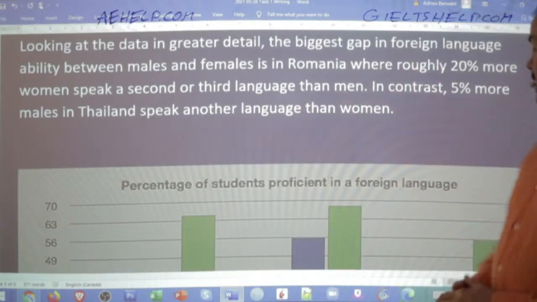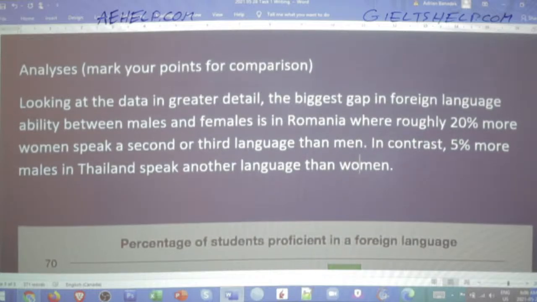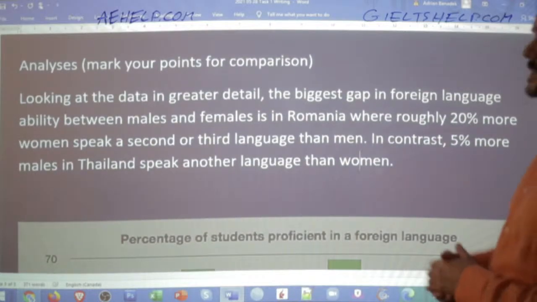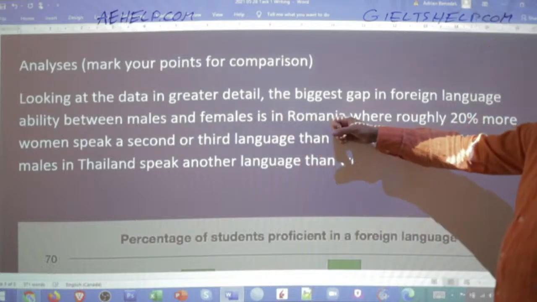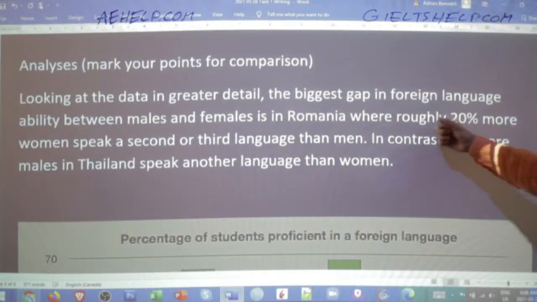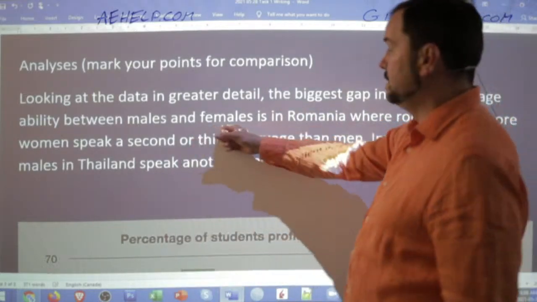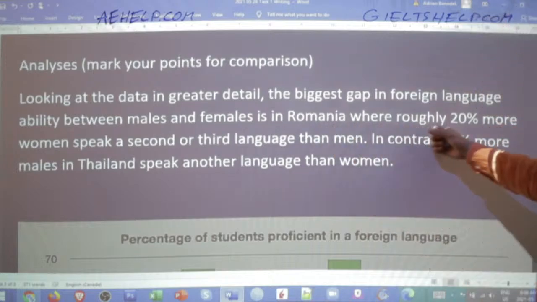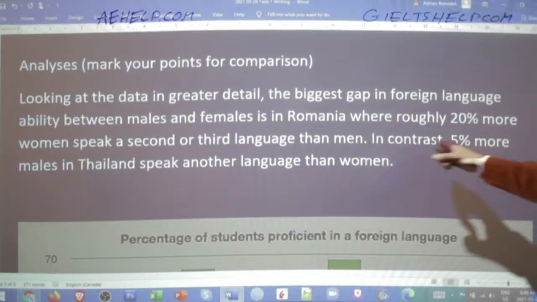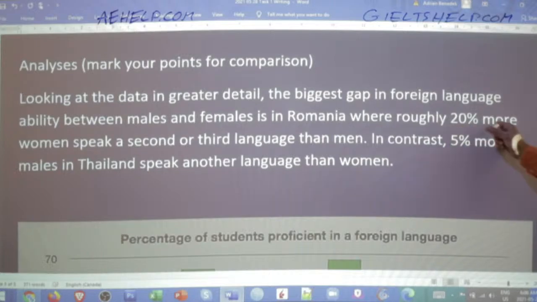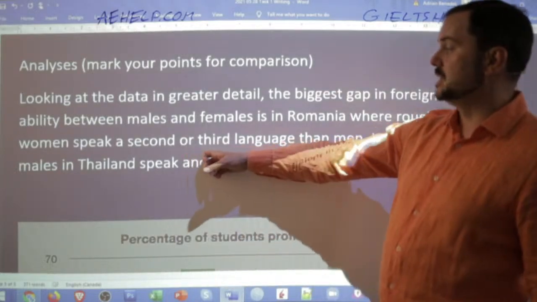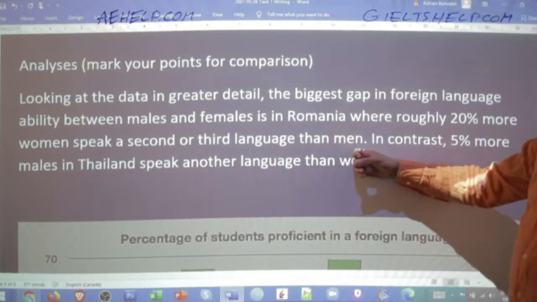All right. So lots of different ways to write this. This is how I did it. Looking at the data in greater detail, the biggest gap in foreign language ability between males and females is in Romania, where roughly 20%, notice how I use where because it's location, Romania, where roughly 20% more women speak a second or third language than men.